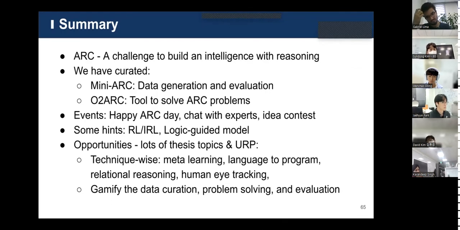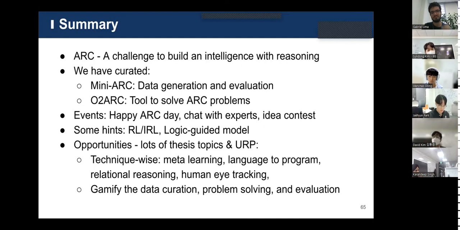The first one is the Mini ARC dataset. Now we have 150 5x5 grid creative examples for us to come up with algorithms, and we are able to design a tool to save human demonstration. The tool is called O2ARC.